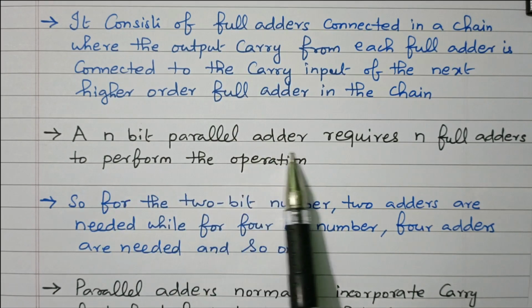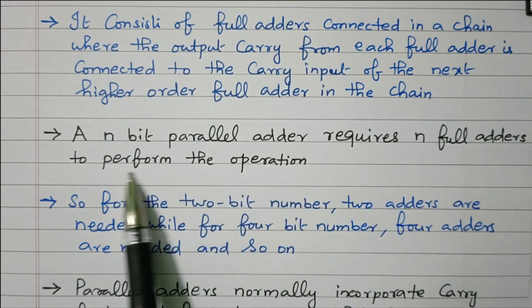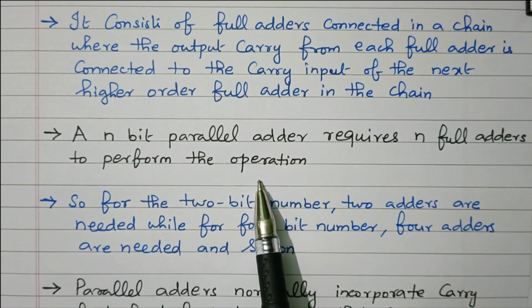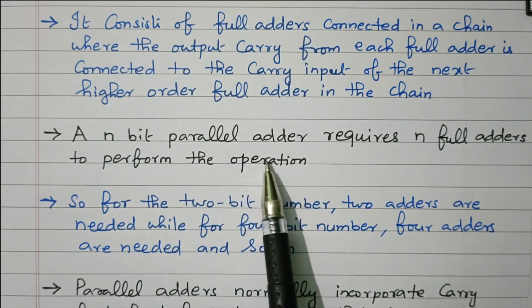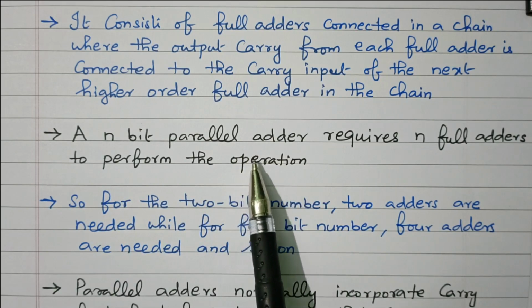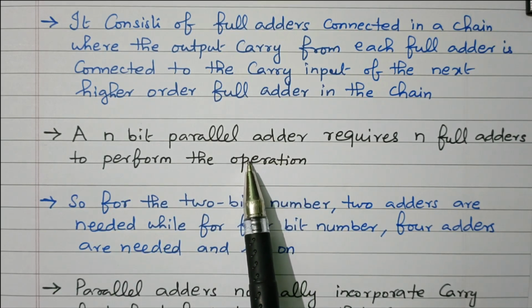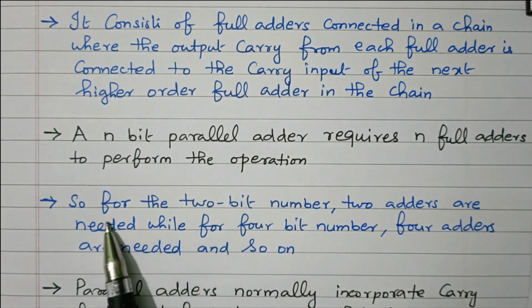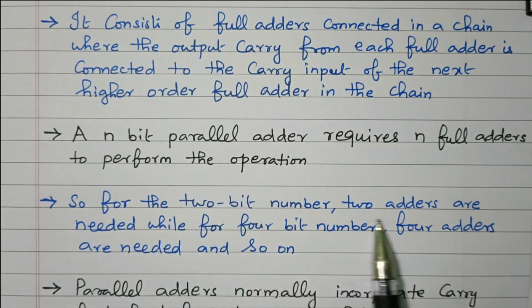An n-bit parallel adder requires n full adders to perform the operation. For example, to perform 4-bit addition, 4 full adders are needed. So for 2-bit numbers 2 adders are needed, while for 4-bit numbers 4 adders are needed, and so on. According to the number of bits, the number of adders is needed.